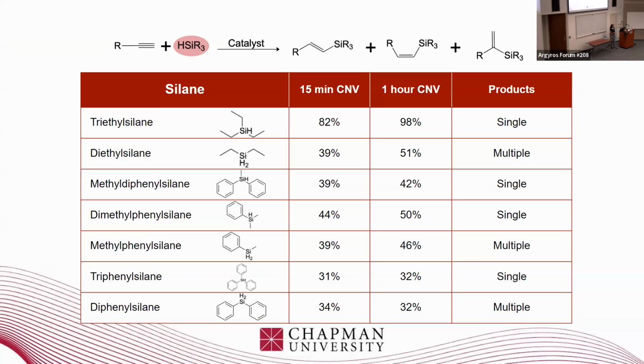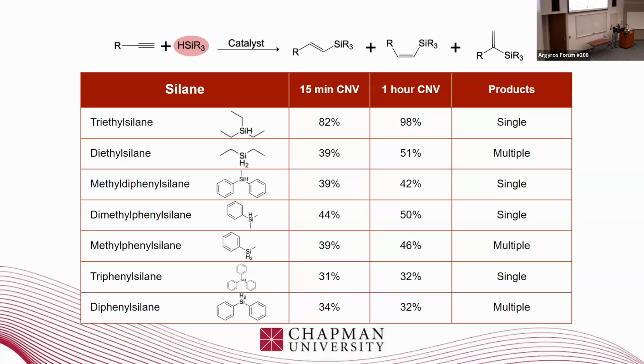So in the silane scope, we reacted 1-octyne with 6 other silanes to determine which silane would be the best silane for our substrate scope, which will determine the actual efficacy of the catalyst. This was like a pre-scope.